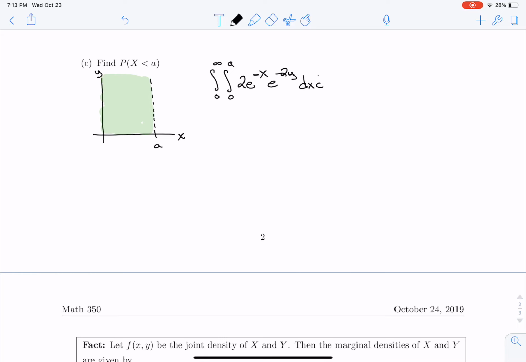dx dy. Now, just like that first example, this is going to split up into two integrals, the integral from 0 to a of e to the minus x dx, and the integral from 0 to infinity of 2e to the minus 2y dy.